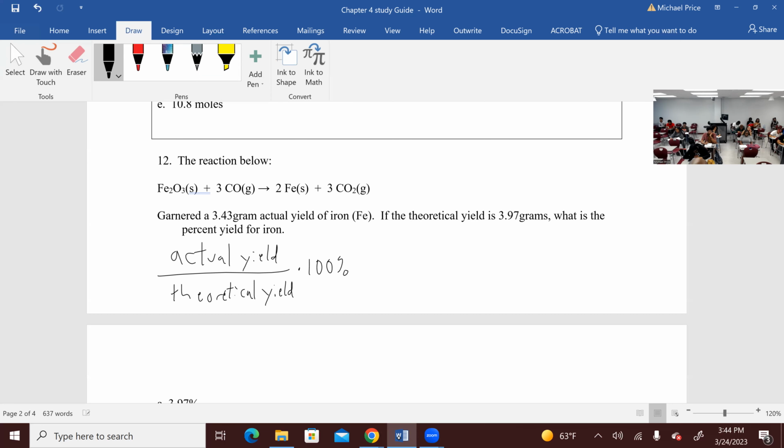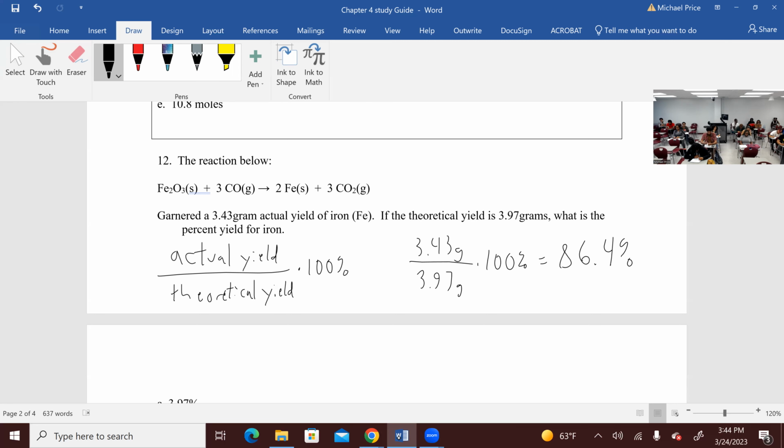So I'm going to say 3.43 grams divided by 3.97 grams times 100%. That is equal to 86.4, how many significant digits? It's only got the 86.4% yield.